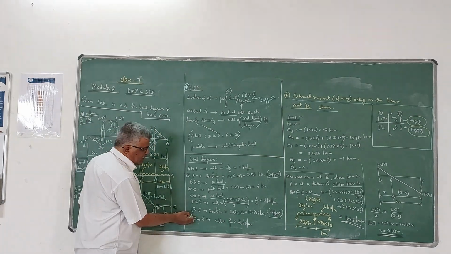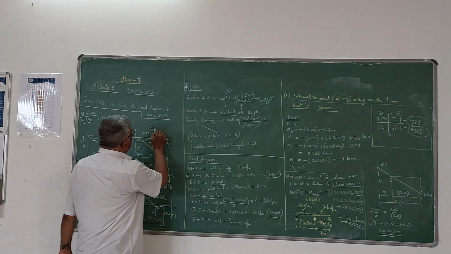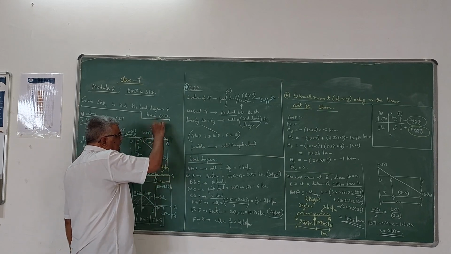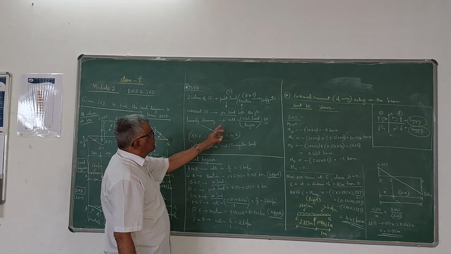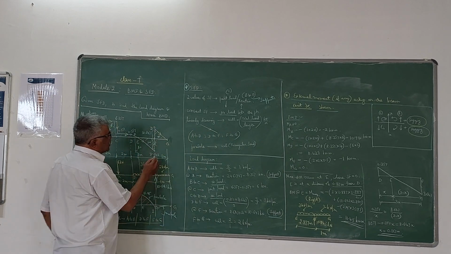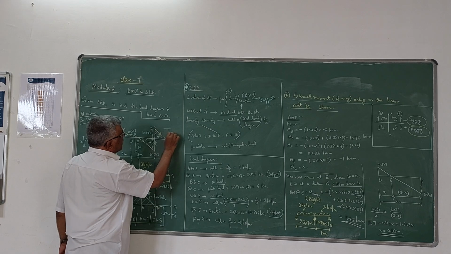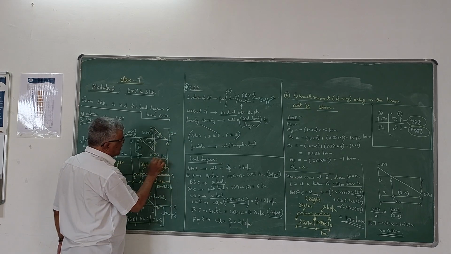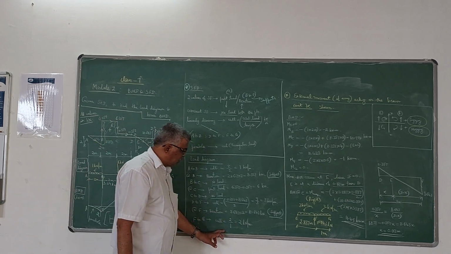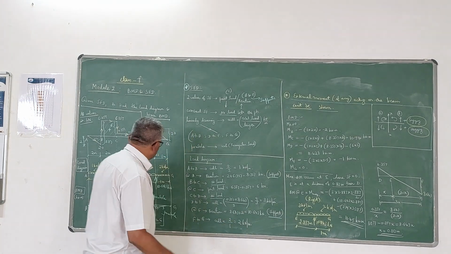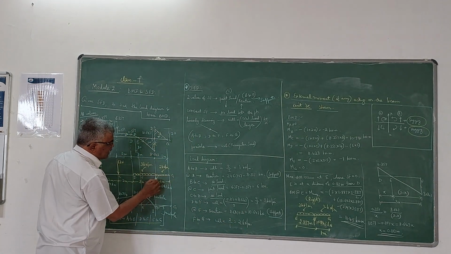Next, from F to G, once again it is a linearly decreasing line, so UDL is present there. The total load is 2 minus 0, so it is 2. Span is 1 meter. So 2 by 1, 2 kilonewton per meter is the UDL acting from F to G.